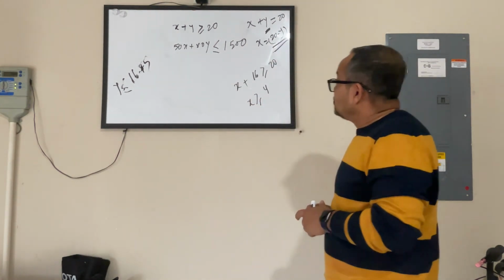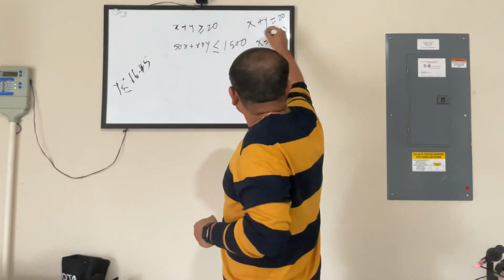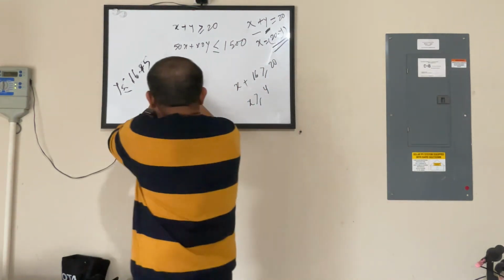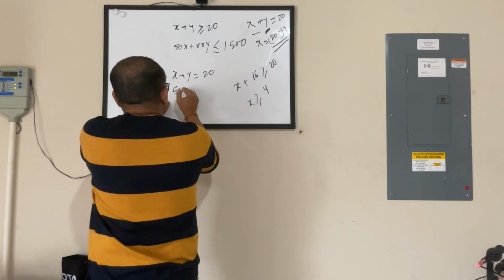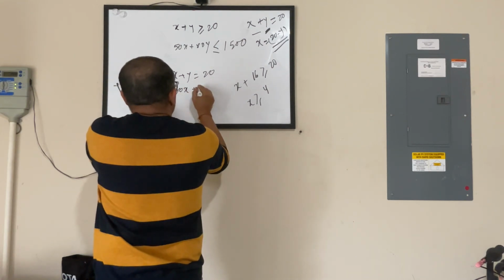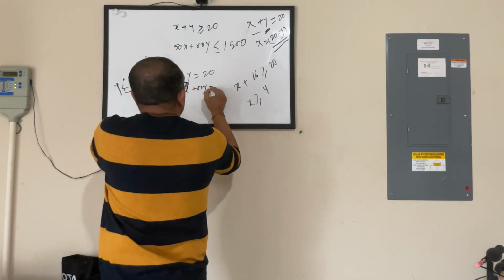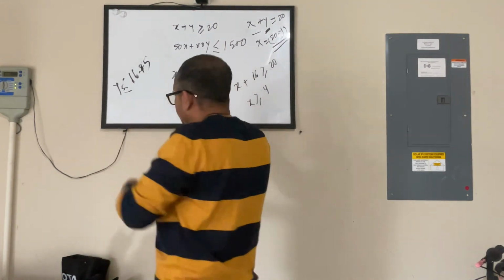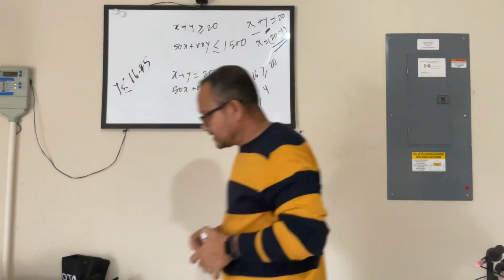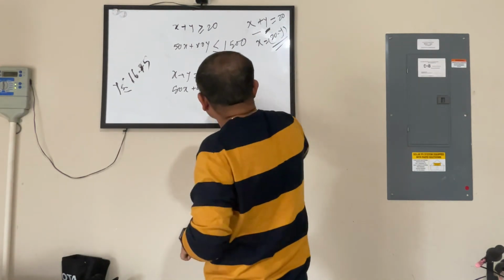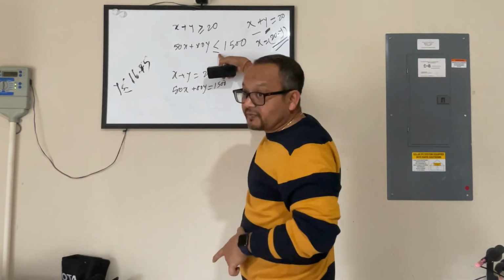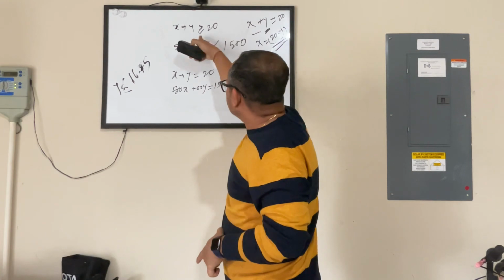So you get the value for both with the equal to sign: x plus y equal to 20 and 50x plus 80y equal to 1500. Now play with this. I think that will get the right answer, because there is one scenario when it's equal to 1500, and one scenario when it's equal to 20.